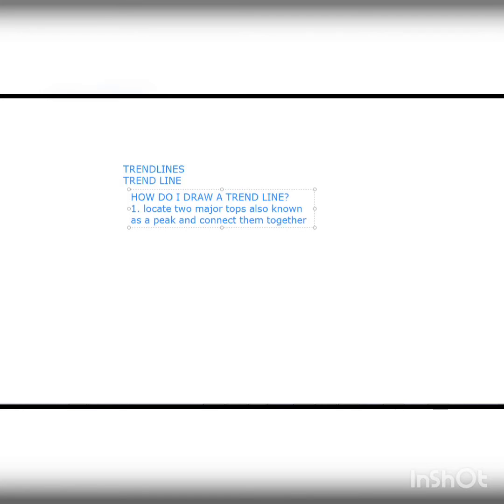Or we locate two major bottoms, and then connect them together. Guys, please just pay attention. I'll be giving us charting examples, so it's very, very easy actually. You understand how to draw a trend line.